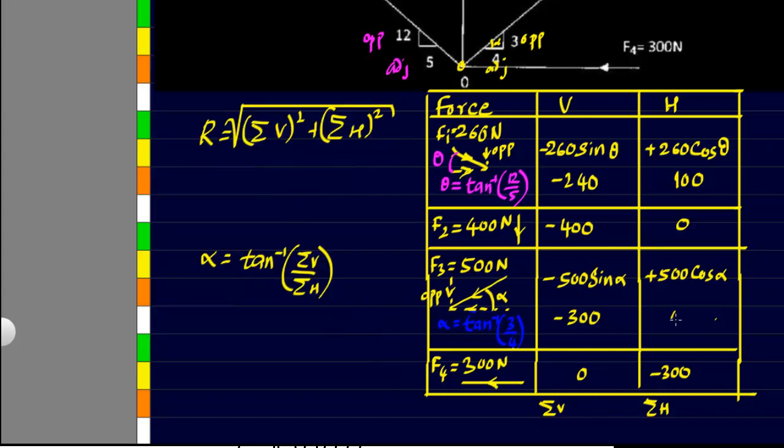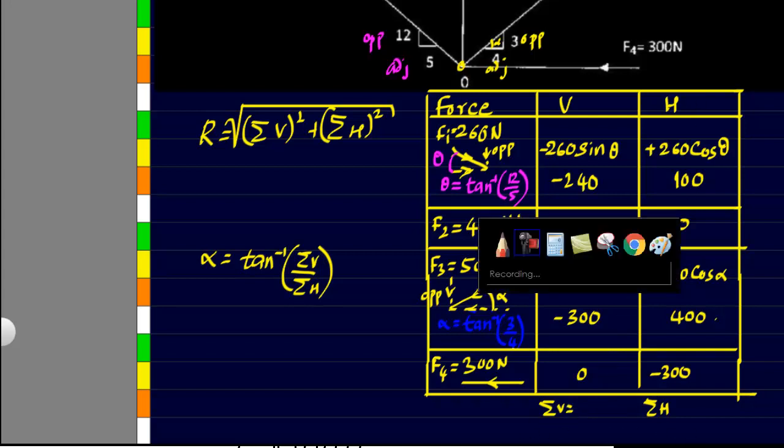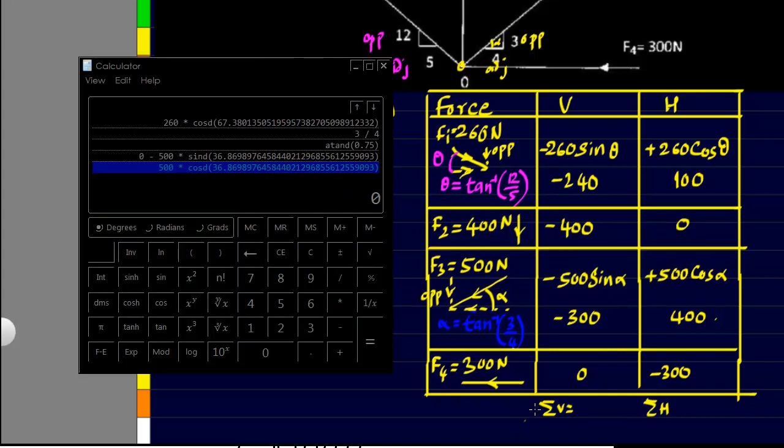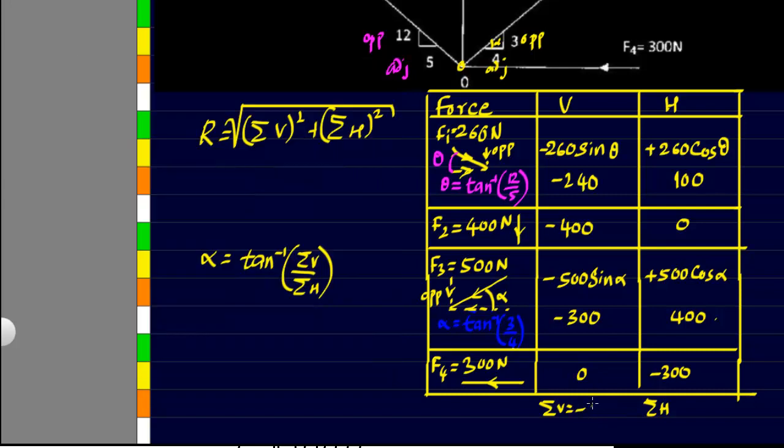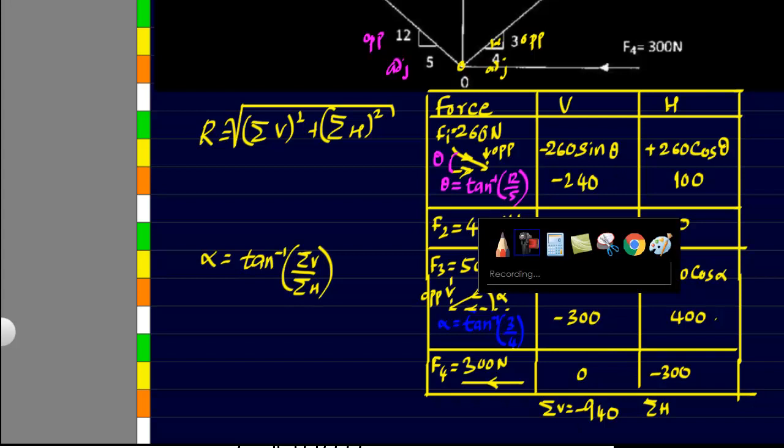So that will give us 400. Now adding all of these will give us sigma v and sigma h. So let's proceed. So we have minus 240 minus 400 minus 300. That's it. So this will give us minus 940 as the sum of vertical components.